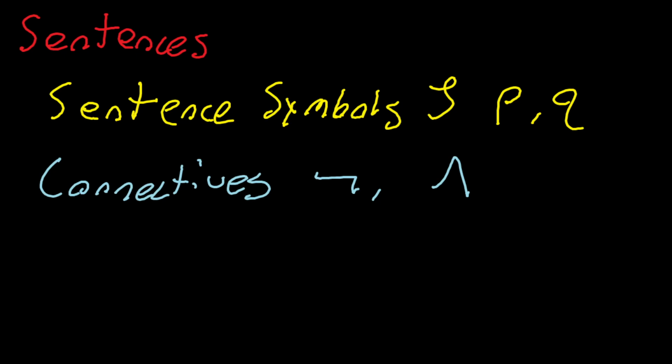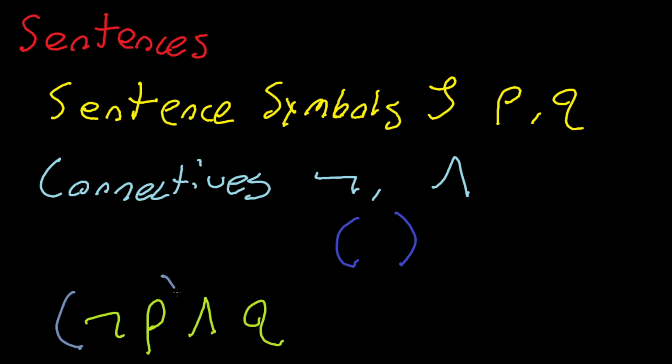And finally, and least importantly of all, we have parentheses. And this is just because we want to imbue our language with some meaningful order of operations, right? In theory, whenever we write a sentence like, for instance, not P and Q, we need to distinguish between not P, and Q, and not, P and Q, right?